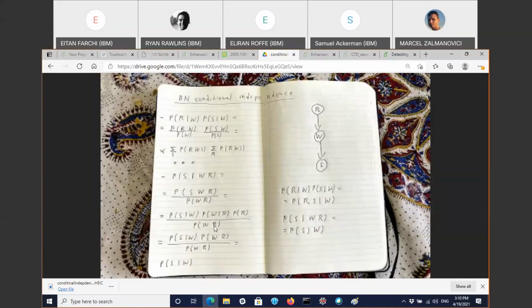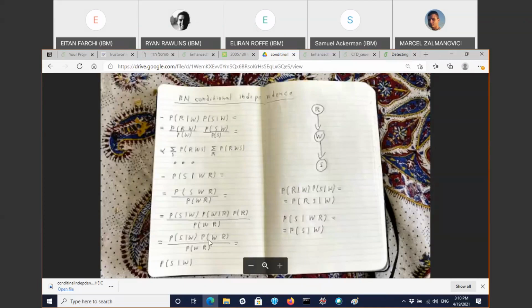Now, the probability of W given R times the probability of R is the probability of W and R. Okay, that's a basic probability rule.